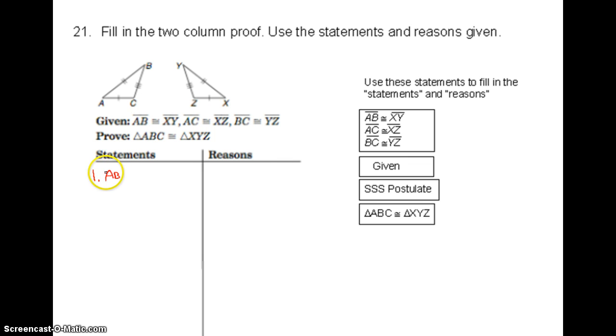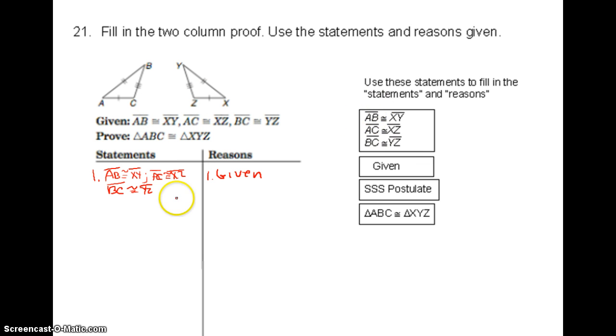AB is congruent to XY. AC is congruent to XZ, and BC is congruent to YZ, and that is all given to us. Okay, now we need to prove that triangle ABC is congruent to triangle XYZ. So we've already used this.